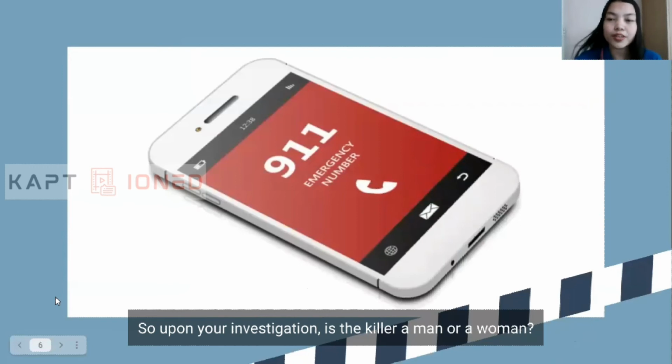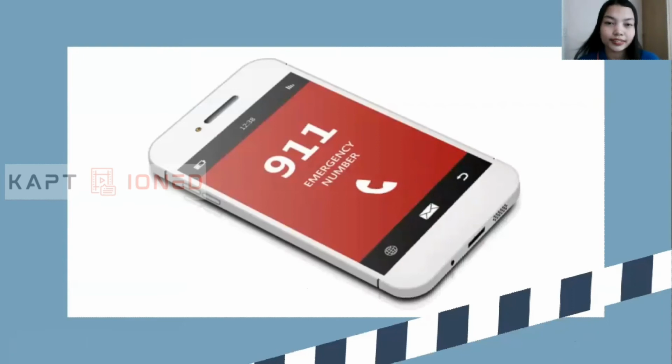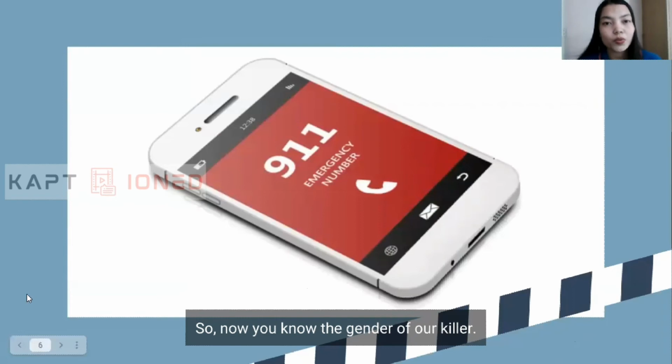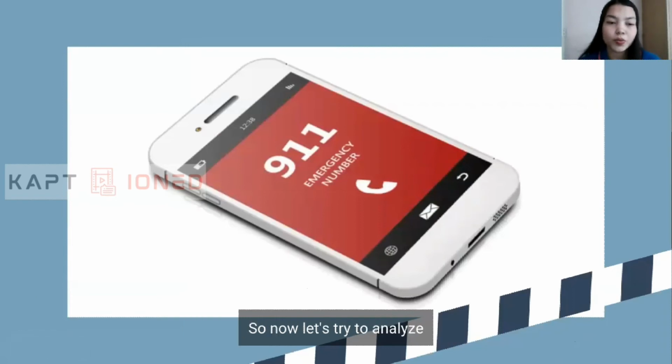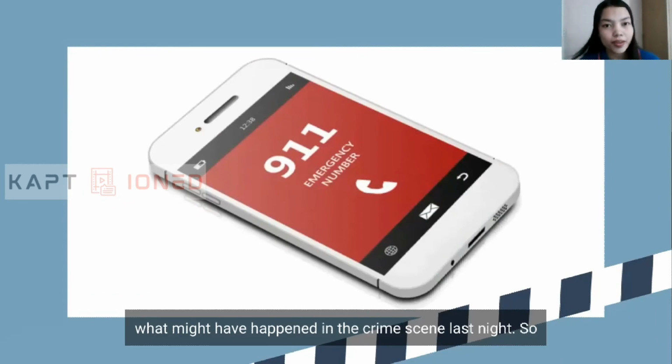So upon your investigation, is the killer a man or a woman? I think it's a man po. Yes, it's a man. So now you know the gender of our killer. Now let's try to analyze what might have happened in the crime scene last night.